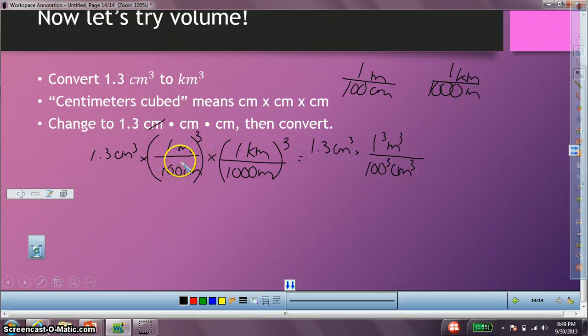Now when I'm cubing this conversion factor, I'm cubing every single thing inside the conversion factor. One cubed kilometer cubed over 1,000 cubed meters cubed.